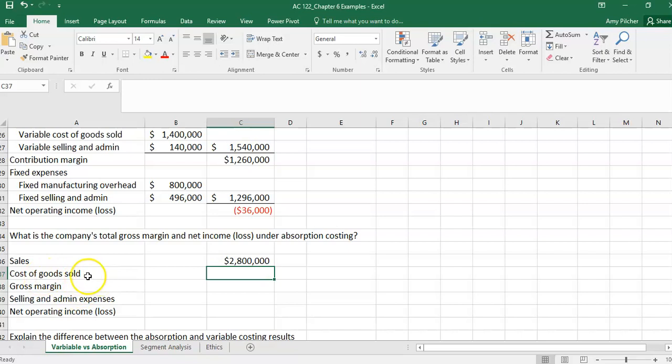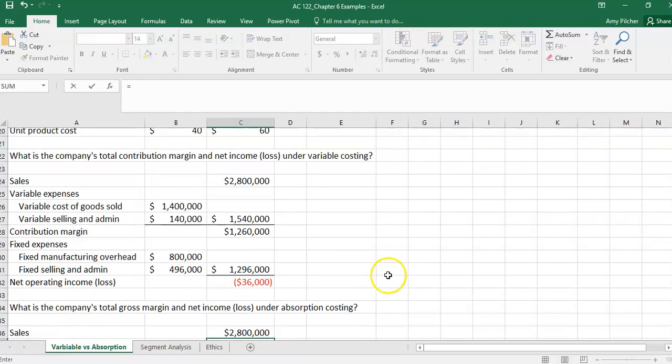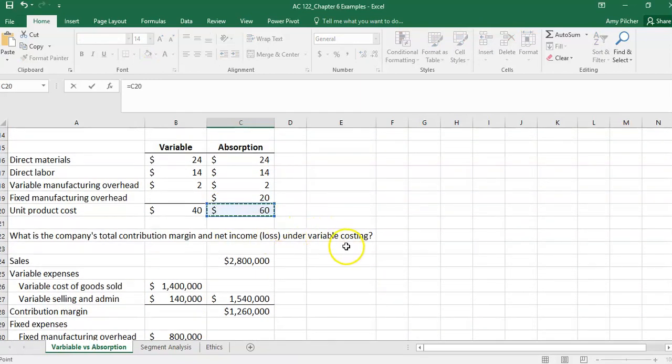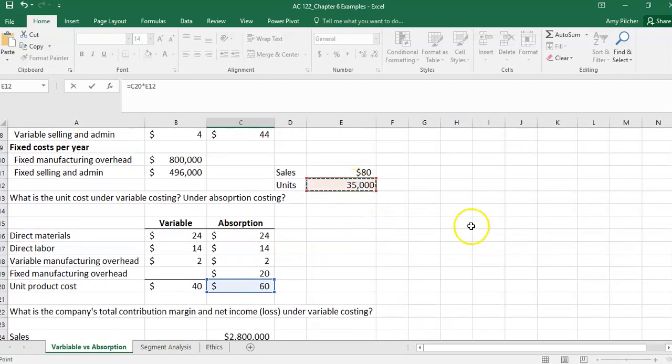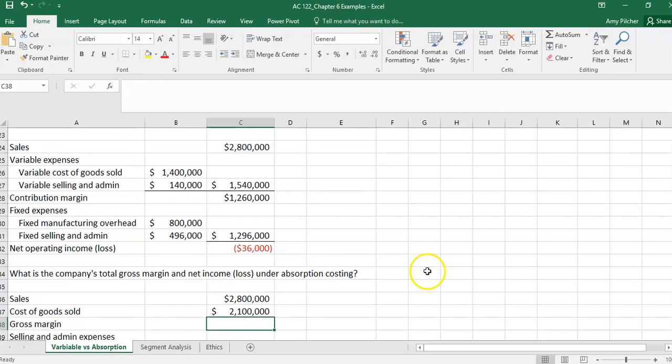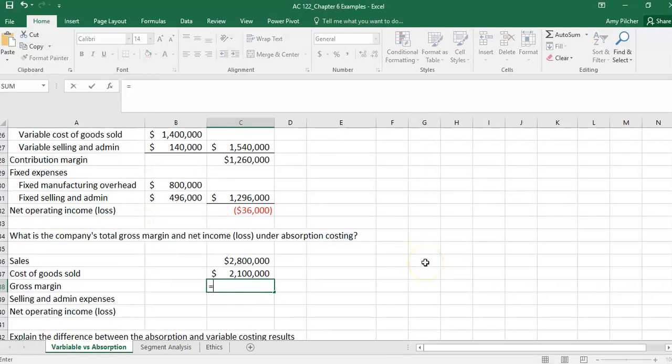So our cost of goods sold is our $60 cost per unit under absorption costing times our 35,000 units sold. Gross margin is sales minus cost of goods sold. And our selling and administrative expenses.